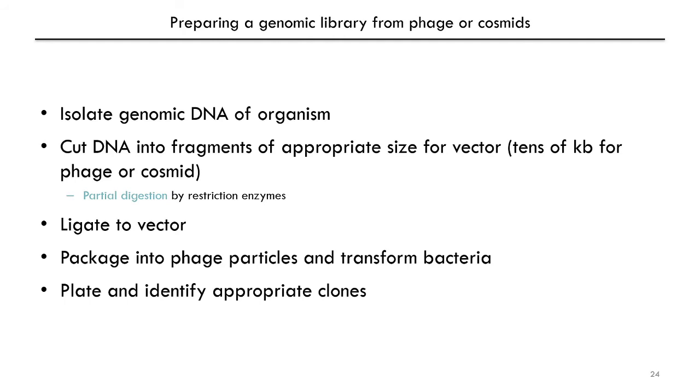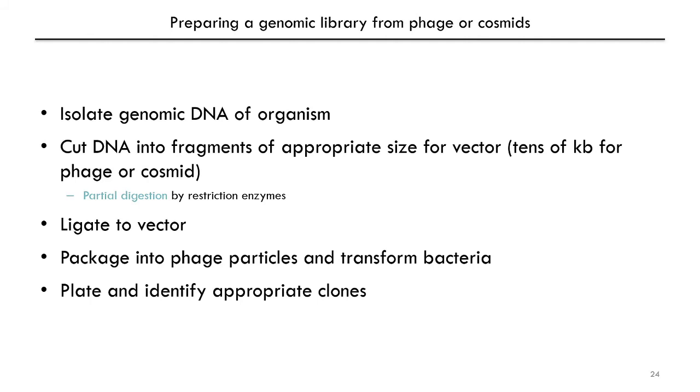But you want to have larger fragments, more than 10 kb, to clone into phage or Cosmids. So what you do is a partial digestion, meaning that you do not let the enzyme cut completely at every recognition site, and you can do this by using a small amount of dilute enzyme and stopping the digestion partway through. This way you end up with fragments larger than 10 kb, which you can then ligate into your vector.